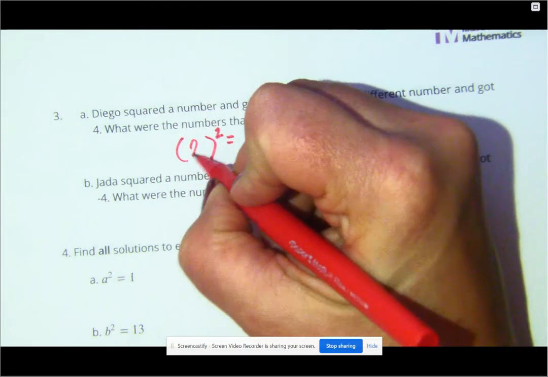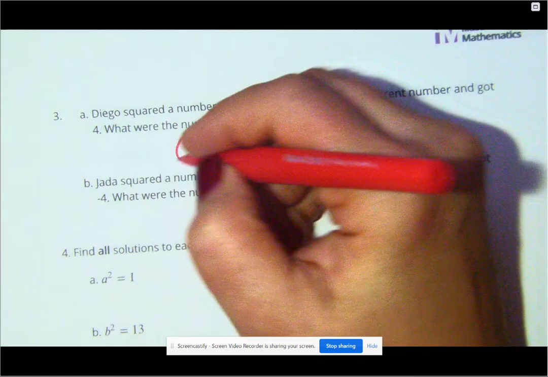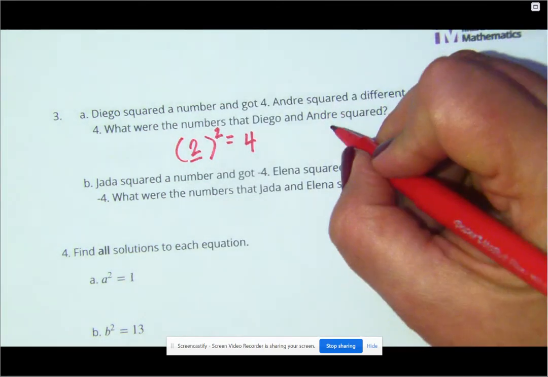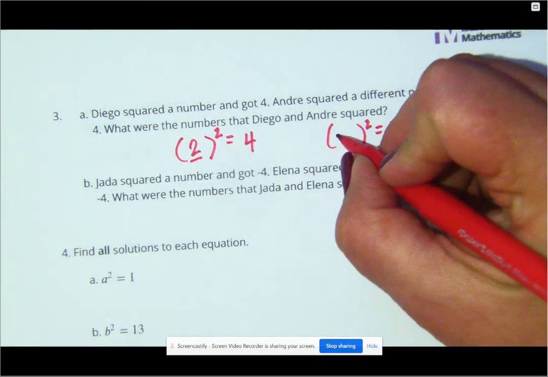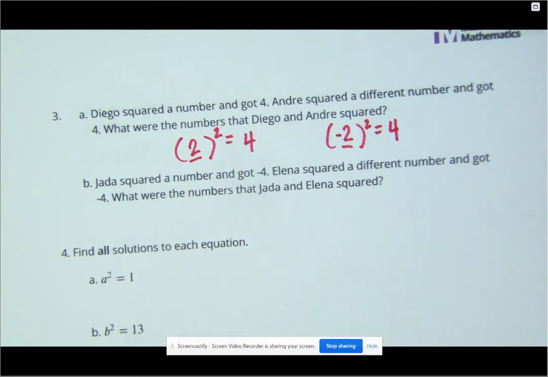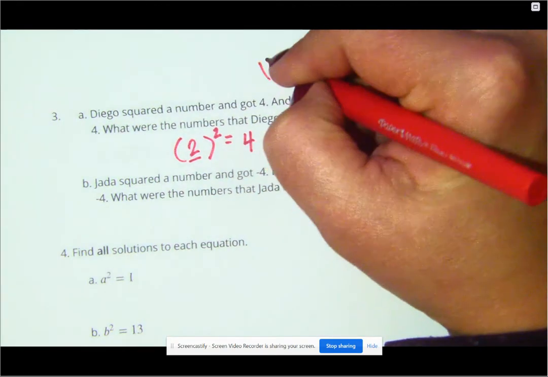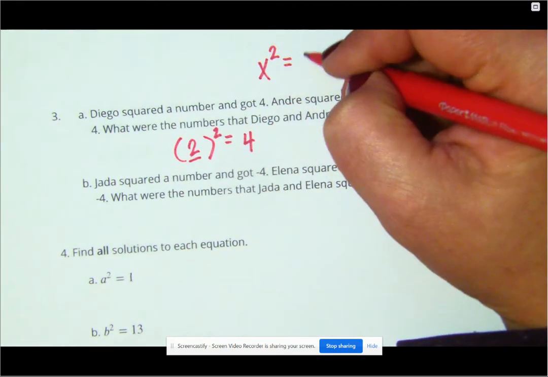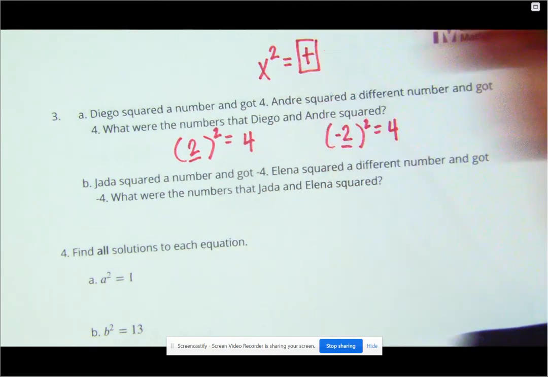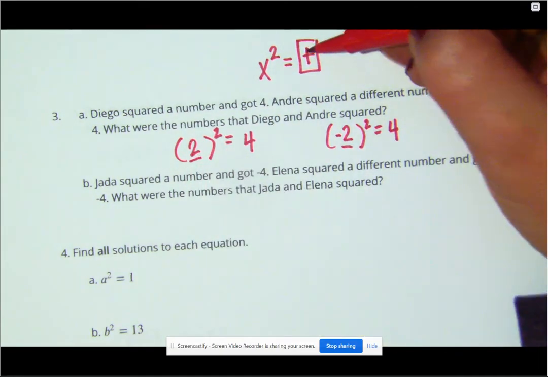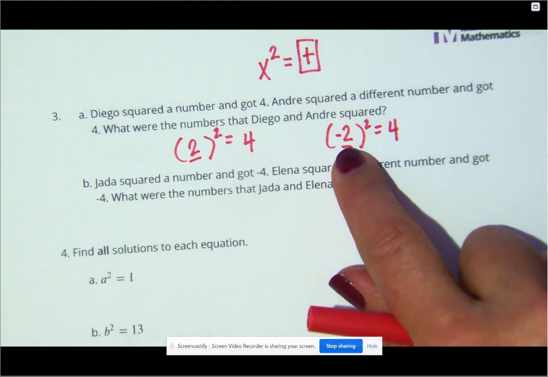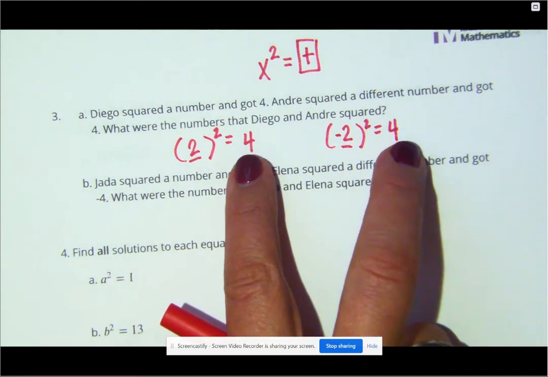The number 2. 2 squared is 4. And what other number squared could also give me a positive 4? A -2. So in our lesson today, we learned that if you're looking for what number squared can give you a positive integer, there's a positive answer and a negative answer that can create this number.